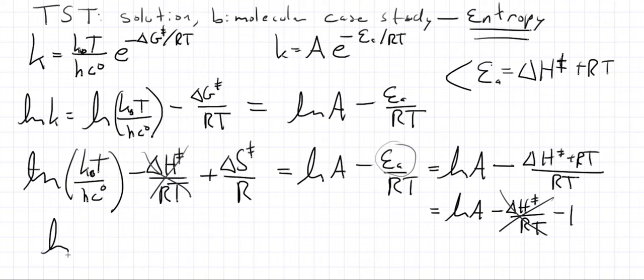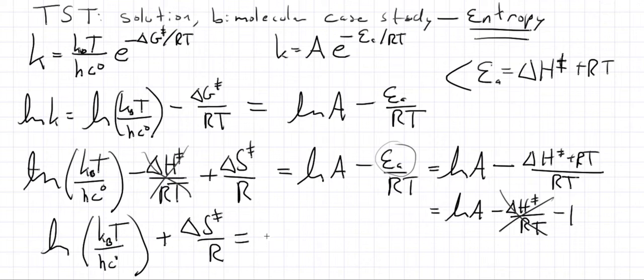So we've got the log of kT over hc° plus delta S double dagger over R must be equal to the log of the Arrhenius pre-exponential factor minus 1. So all we have to do is solve this for the entropy. We'll do that on the next page.